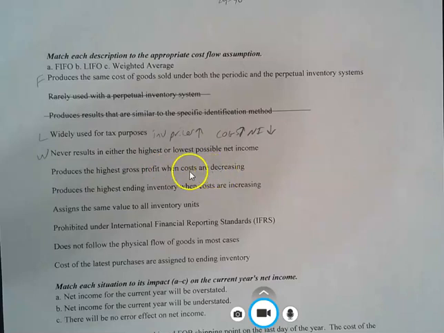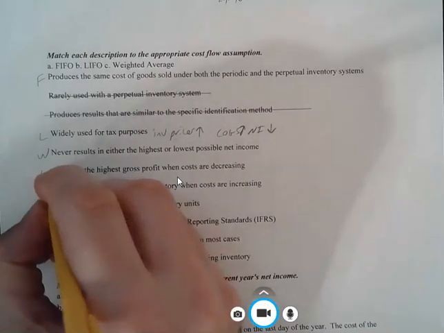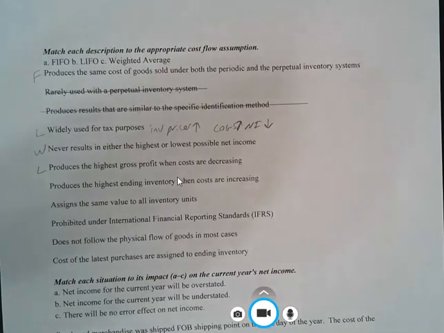Okay, so if this is our scenario and we were to use LIFO, we're actually going to end up paying more in income tax because we are costing those most recent inventory costs in a decreasing environment. So in this situation, using LIFO, we would have higher profits.